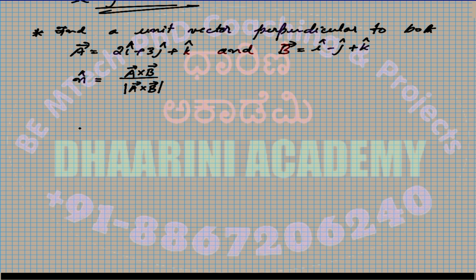Vector A cross vector B is the determinant that we are going to solve. So this is i cap, j cap, k cap. You write the components of A first, that is 2, 3, 1, and the components of B come later: coefficient of i is 1, j is -1 and k is 1.